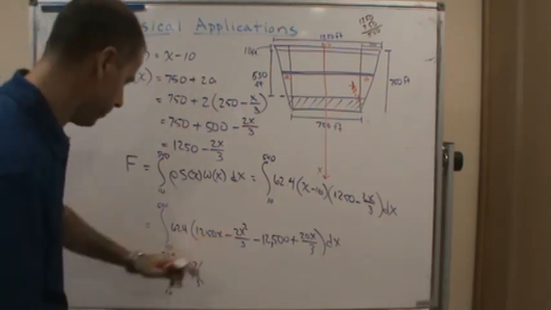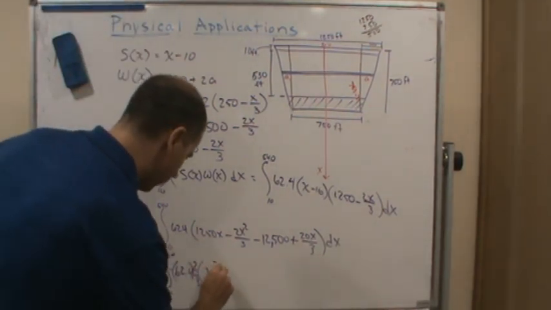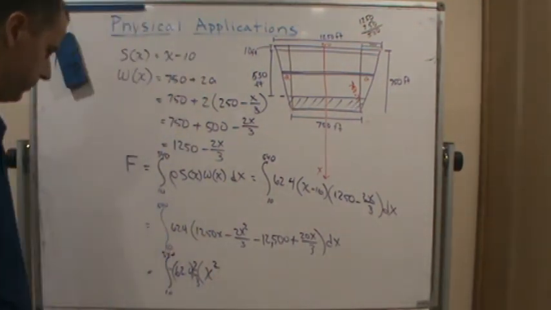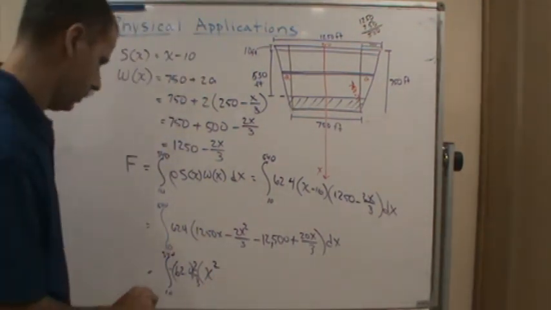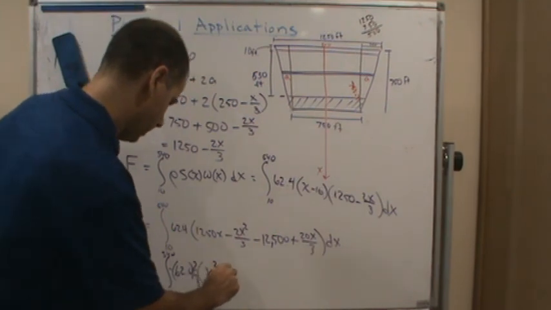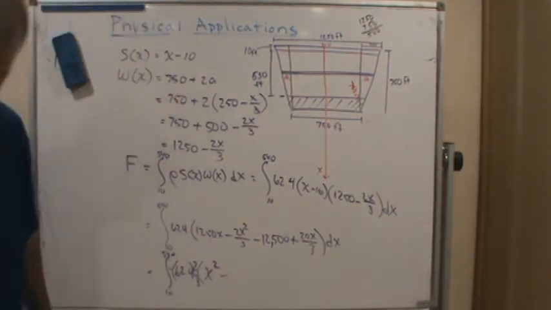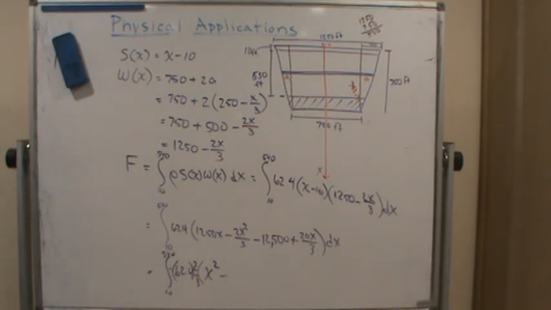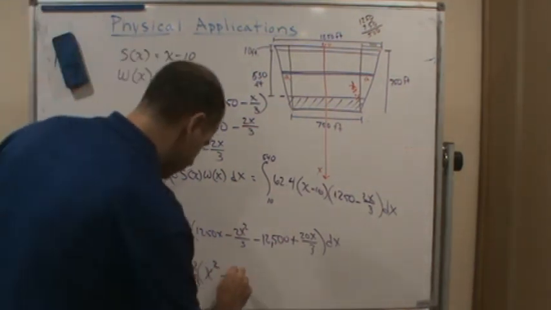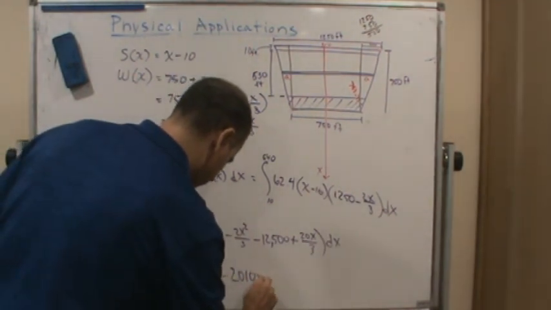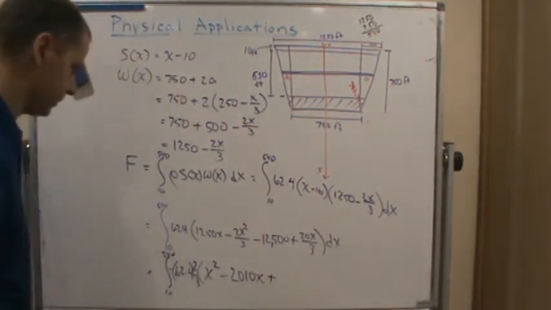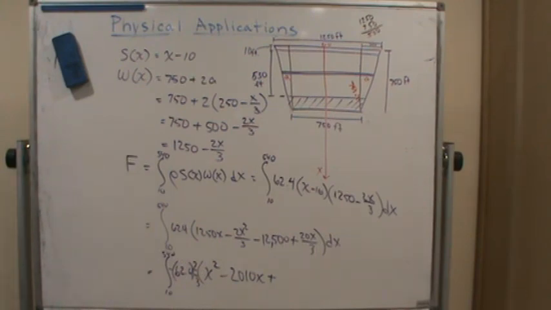So if we pull out the 2/3, this will become x squared minus 2010x plus 253,125.